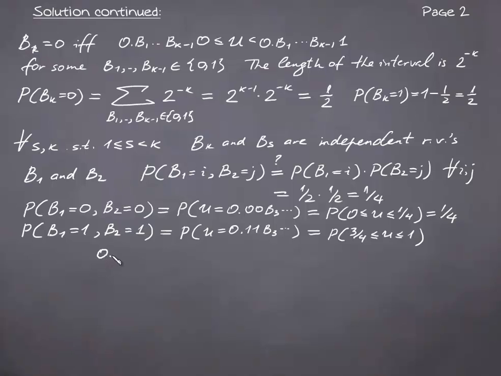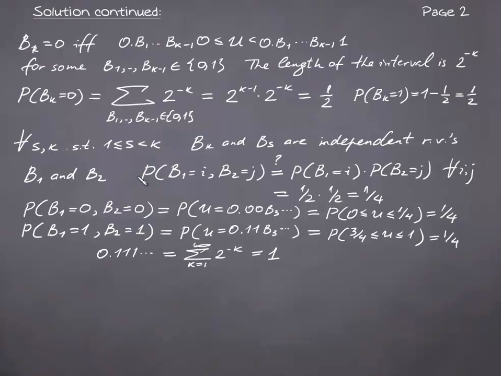We obtain a number of the form 0.111 and so on, which by definition is given by an infinite series, a geometric progression, equal to 1. So the right endpoint is 1. Again, the length of this interval is 1 quarter. So for every case, the probability is 1 quarter.